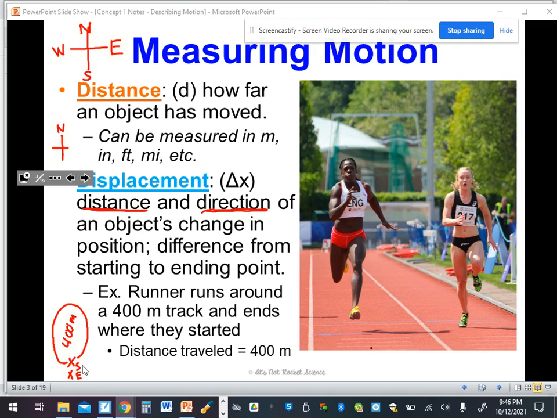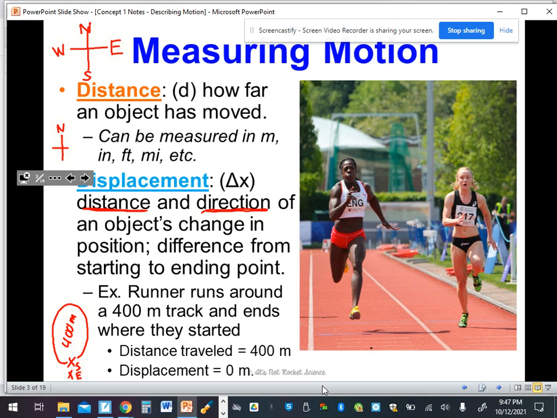The answer is no. So my last little bit here, my displacement is 0 meters. And I don't even need east, west, south, north because I didn't technically get displaced north, south, east, or west of my starting spot. I ended up exactly on my starting spot.